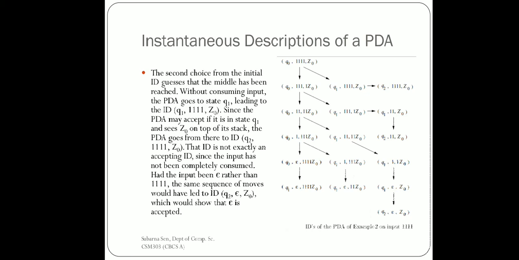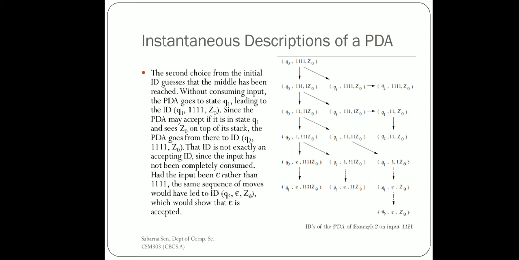Since the PDA may accept if it is in state q1 and sees Z0 on top of its stack, the PDA goes from there to ID q2, 1111, Z0, because here it will see that it has made a transition and nothing remains in the stack, right?